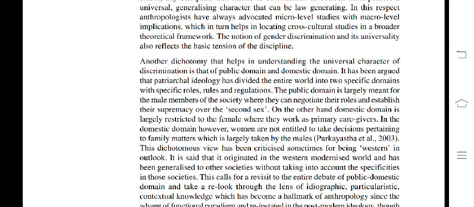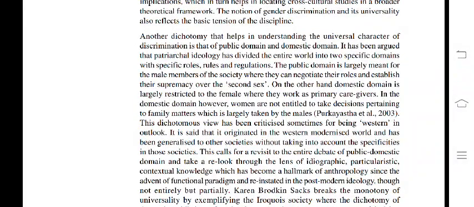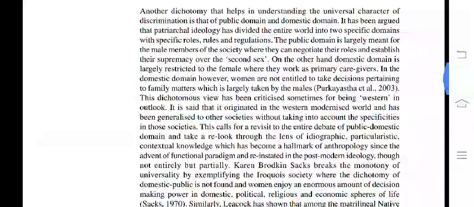This calls for a revisit to the entire debate of public and domestic domain, and a relook through the lens of ideographic, particularistic, contextual knowledge, which has become a hallmark of anthropology since the advent of the functional paradigm and was reinstated in the postmodern ideology, though not entirely but partially.